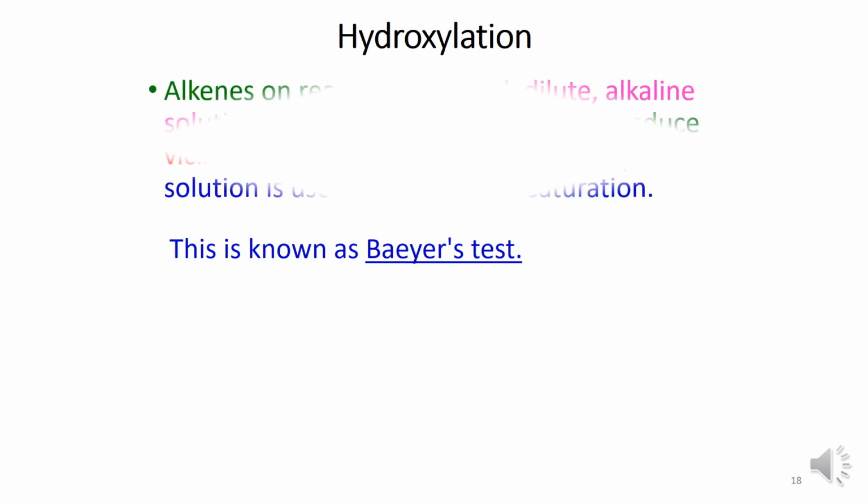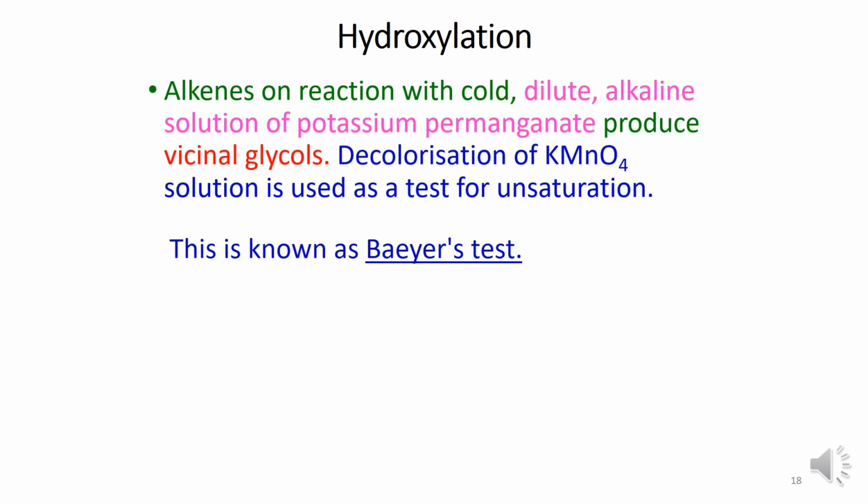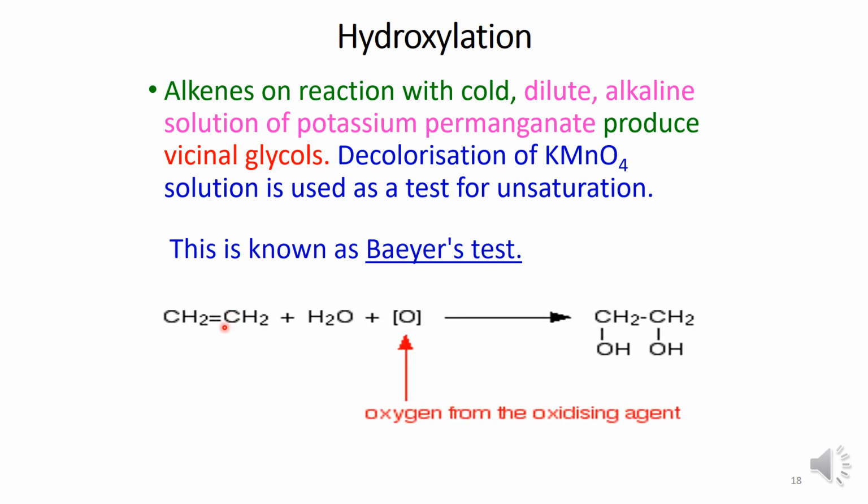Hydroxylation, this is also called Baeyer's test. Alkenes on reaction with a cold, dilute and alkaline solution of potassium permanganate give vicinal glycol. Potassium permanganate solution is purple in color. On treatment with alkene, the purple color disappears.